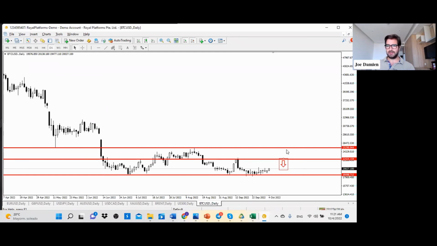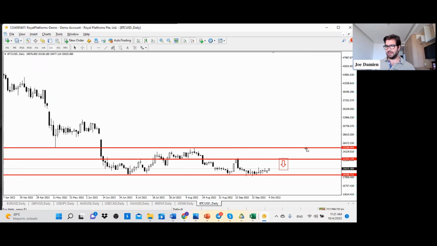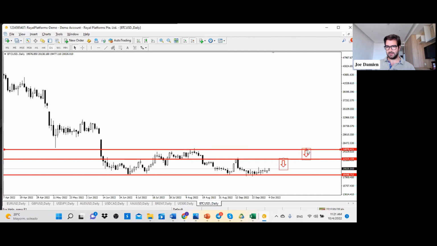If not, if the market continues its move above the 22K, then another level to think of as a short level for Bitcoin is the 25K here, this high. Okay, so this is the first level here to short, the 22K.